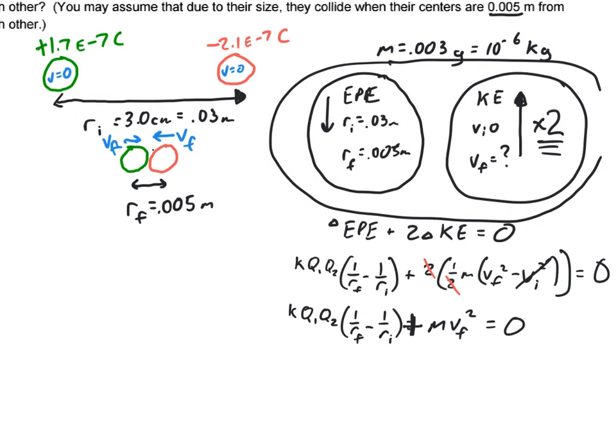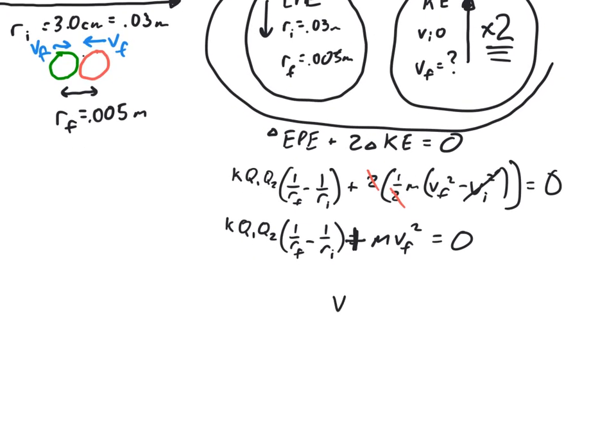Solving for v final, I get v final squared is equal to, I'm going to take this whole thing to the other side, and when you move it to the other side, this term becomes positive and that term becomes negative.